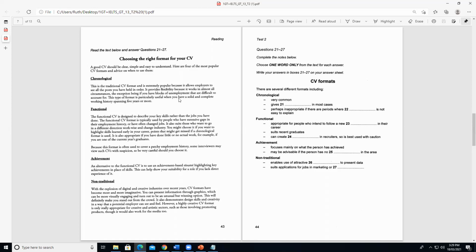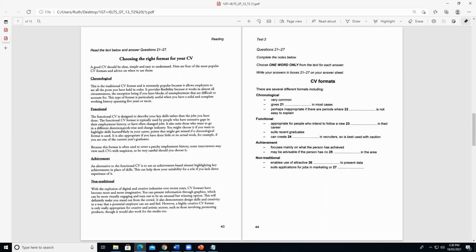So the first one is located over here. It provides flexibility. Where's the second one? 22. Where is it located? Here, it's inappropriate if there are periods where you have blocks of unemployment, in the third last line. Yeah, so here. And then for 23, where did you locate it? Direction, over here.